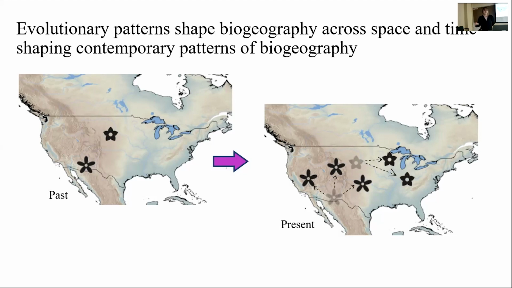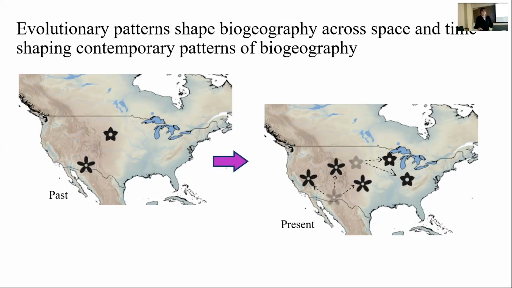So, as I'm sure many of us know or can assume, remnants of what happened in historical climates and populations are going to impact the patterns we see today, because what we're seeing today is the result of evolution that happened previously.